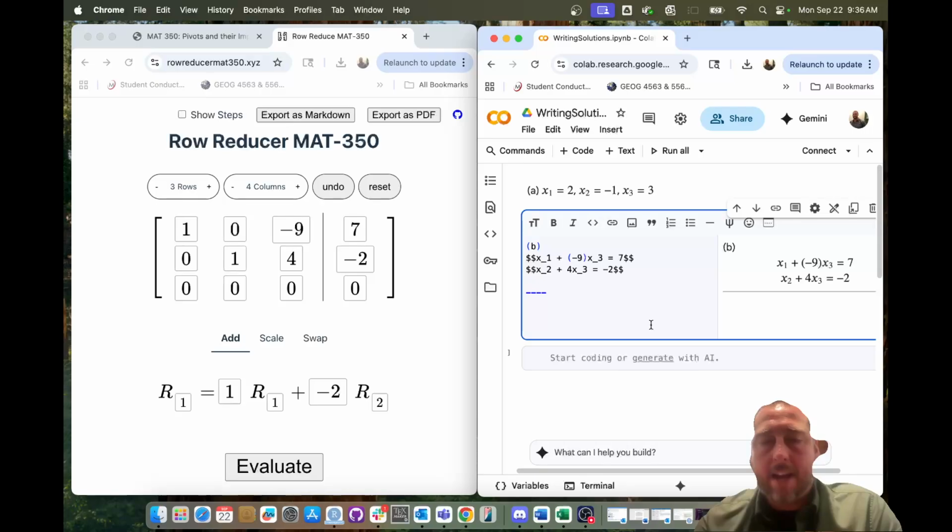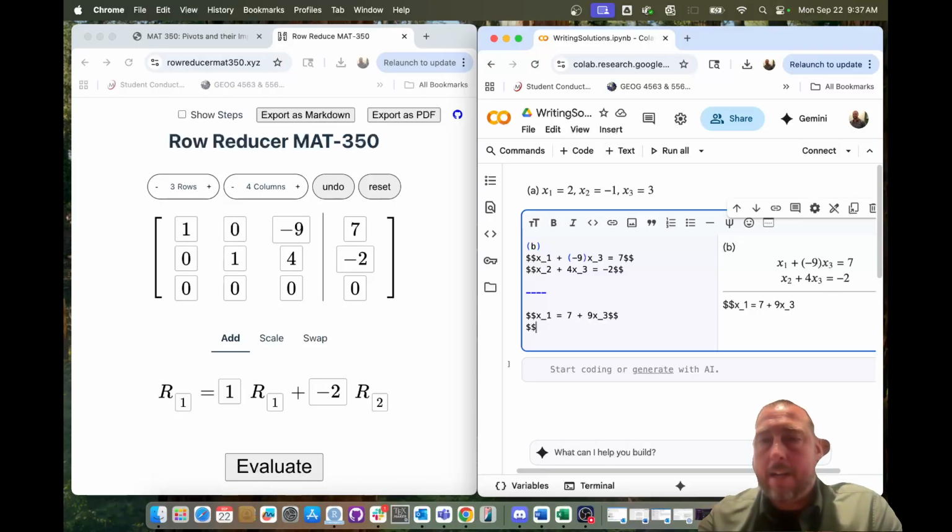And in doing that, we'd have instead x1 is equal to 7 plus 9x3. So I'm adding that 9x3 to both sides. And then x2 is equal to -2, and then I'm going to subtract that 4x3 from both sides, so minus 4x3.